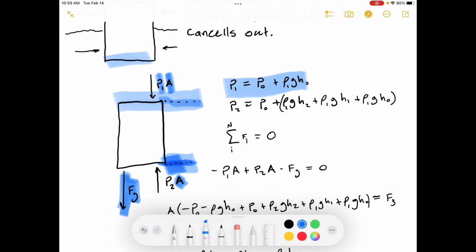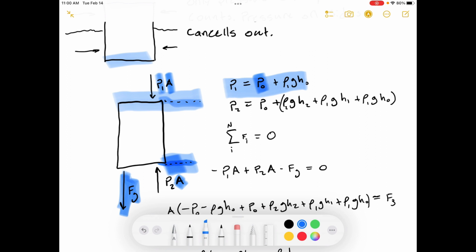Okay, so let's define what the pressure is at the top of the block, P1. Well, we have our P naught term, which is our reference pressure. We don't know what the pressure is at the reference plane, which was at the top of fluid number 1. It could be atmospheric pressure, could be whatever. We'll just call it P naught.